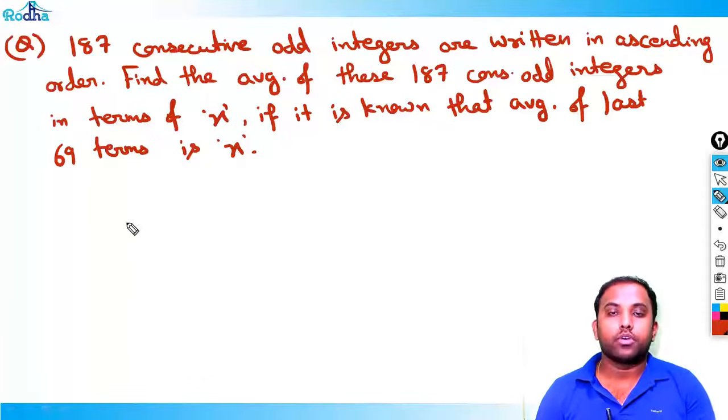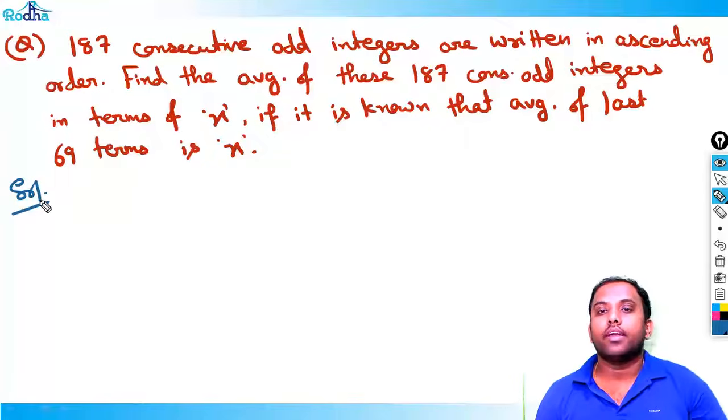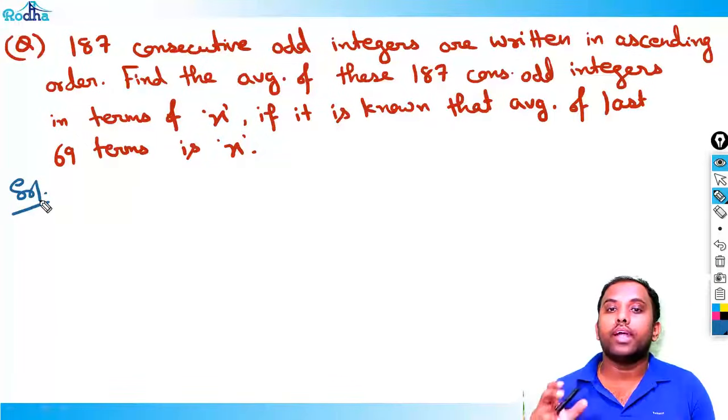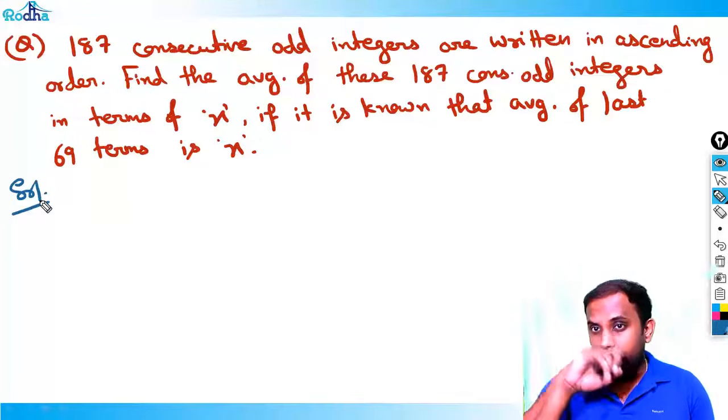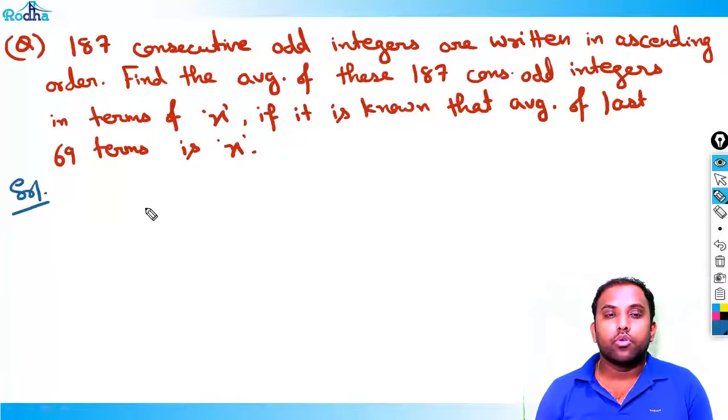A very good concept to learn. Okay, so let's see how to solve this question. So the question is: 187 consecutive odd integers are written in ascending order. Find the average of these 187 consecutive odd integers in terms of x, if it is known that the average of the last 69 terms is x. Let's make it now.